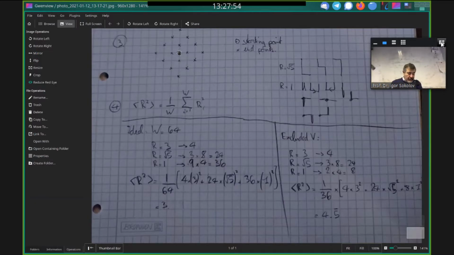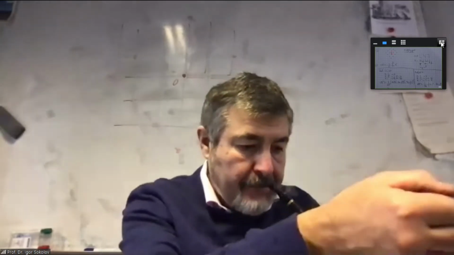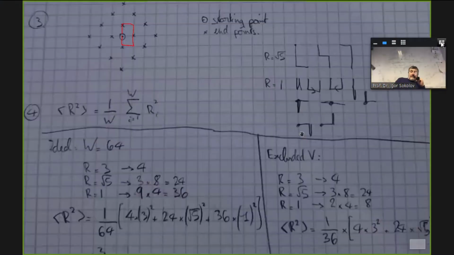So for example, it can go like this, or like this, to go to this point. For the excluded volume theory, it can only go like this or like this, because all of the other configurations need the chain to fold back on itself, which we can't do here.